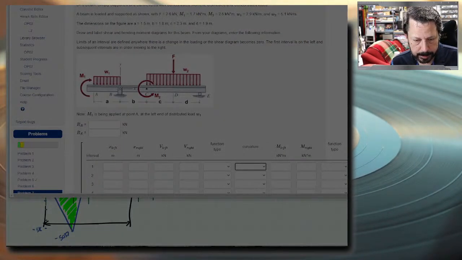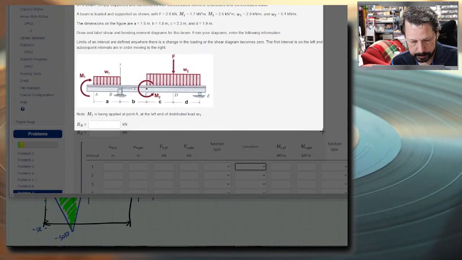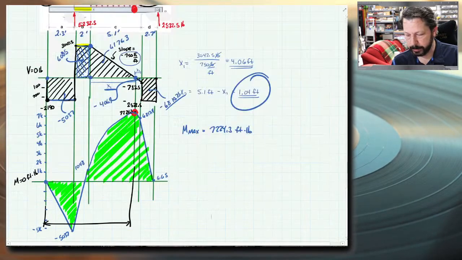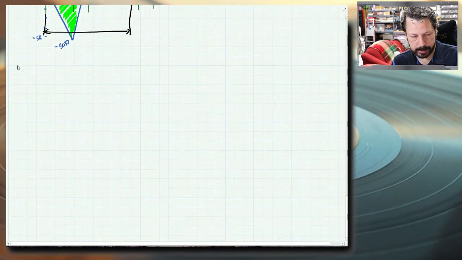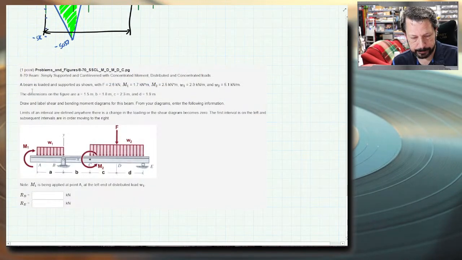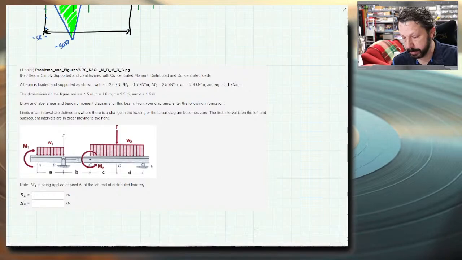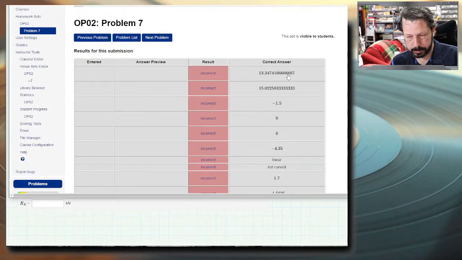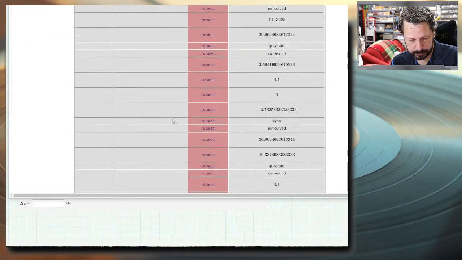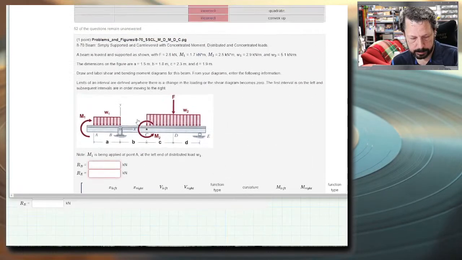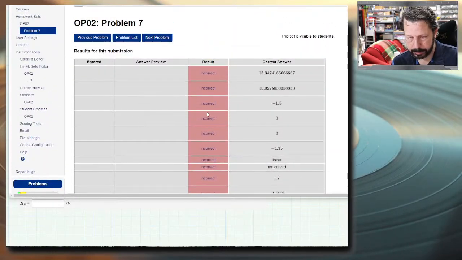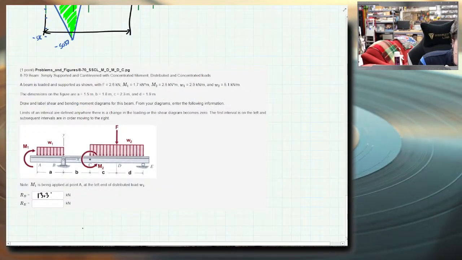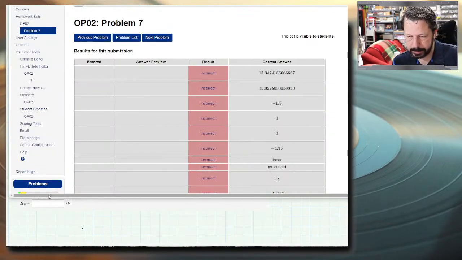All right, let's copy this one. You know what? Let's not solve the reactions. Let's just look them up so that we save time on not doing that part. We've already done that plenty of times. So let's go find what RB and RE are supposed to equal. RB is 13.35 kilonewtons, and RE is 15.02.